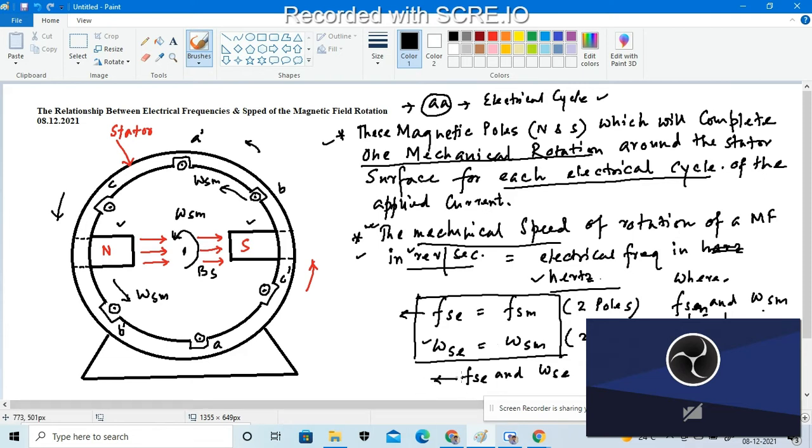F of AC is considered as the electrical frequency, and omega of AC will be considered as the electrical radians per second, and f of AC will be considered as the electrical frequency of the stator current in hertz.